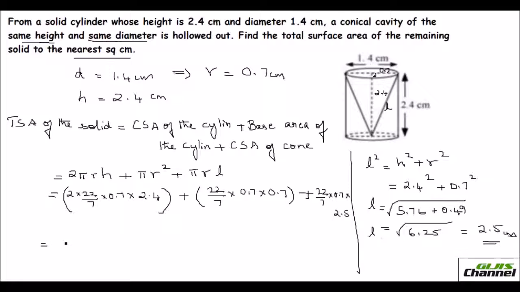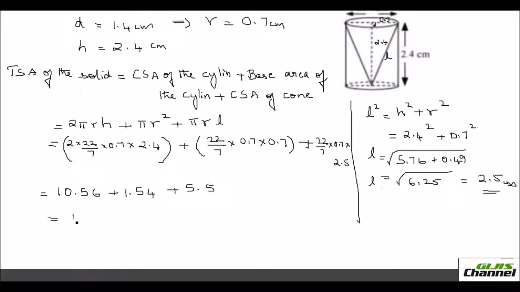So that is going to be, this one will give you 10.56 plus this area is going to be 1.54. To this you can add the CSA of the cone, which is 5.5. Okay. So this will give you 17.6 centimeters square.